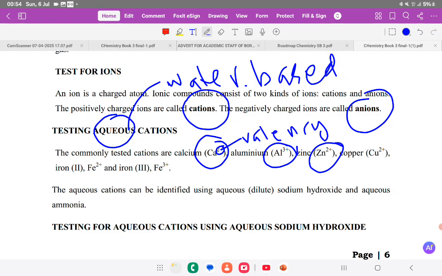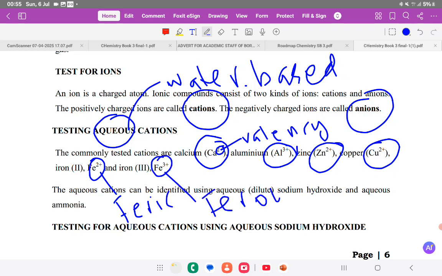Then you have zinc and copper, as well as iron. There are two forms of iron. There is this one, which is called ferric, and ferrous. Don't mind these names. So ferric and ferrous have different combining powers. You have 2 plus and 3 plus.